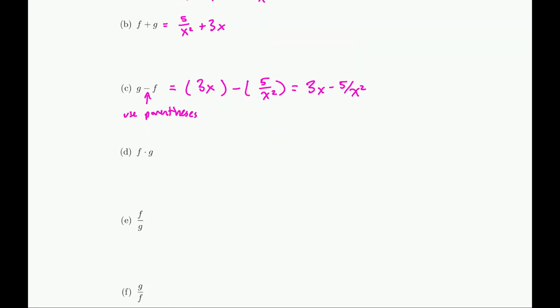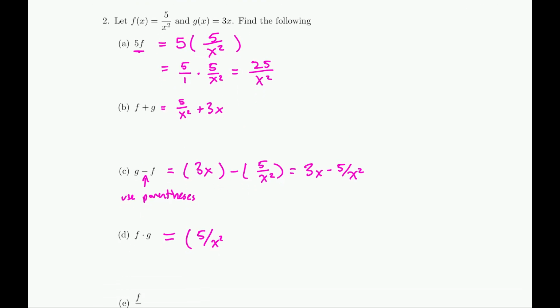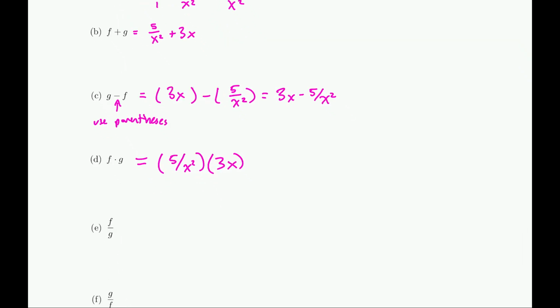All right, continuing on. F times g. When you have f times g, f is 5 over x squared, and g is 3x. We need to multiply these. To multiply them, we should write them both as fractions.